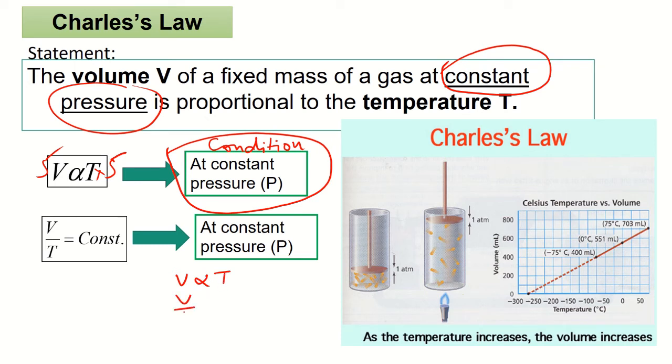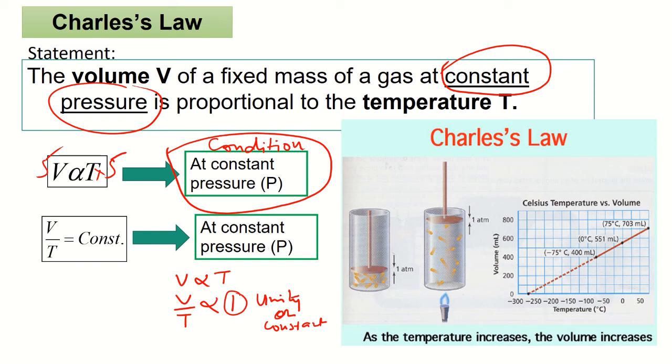So this is V over T, this T will come down and this is proportional to 1. This number is a unity, or sometimes we say it is some kind of constant. So from here we get the ratio of the volume and the temperature. The ratio of the volume and the temperature is always constant at constant pressure.